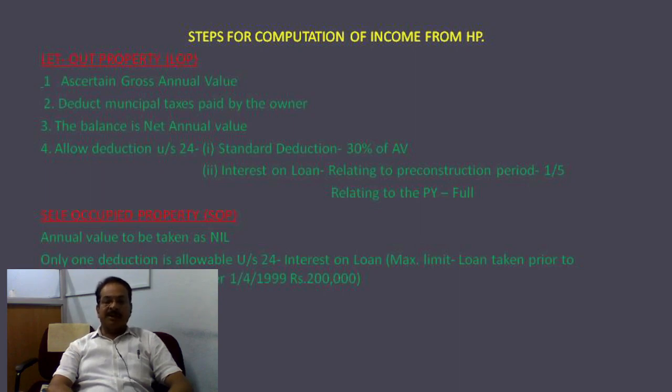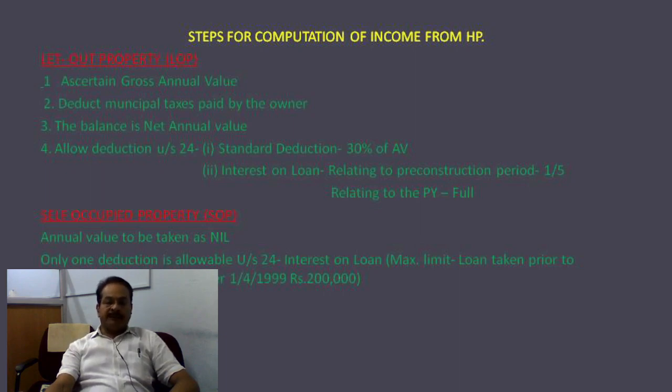That means 1/5 of the interest relating to the pre-construction period is deductible during the current year, and interest relating to the previous year can be deducted in full. So this is how we compute the income from let out property.